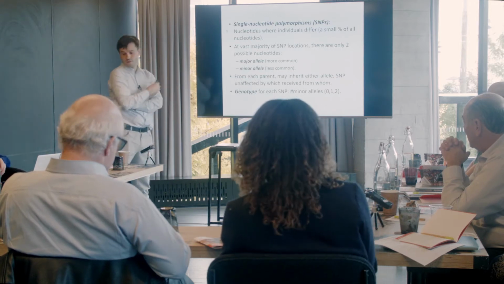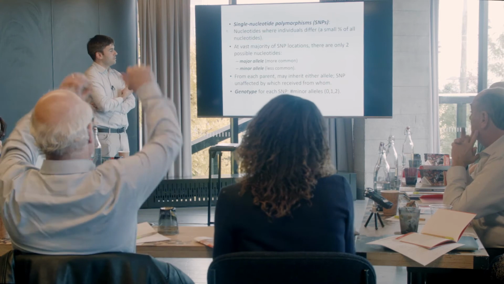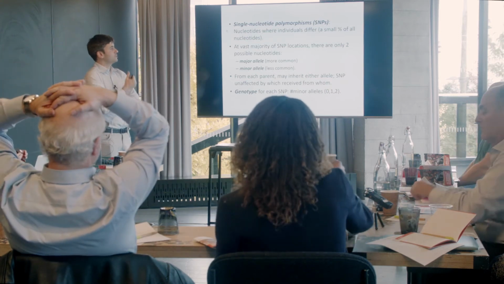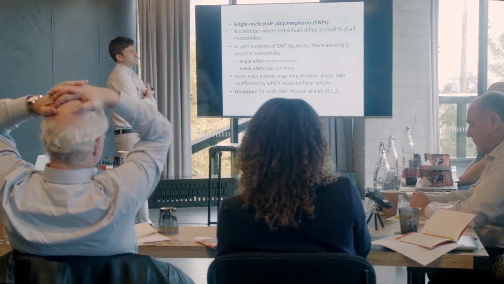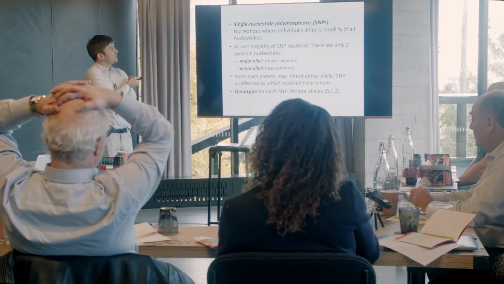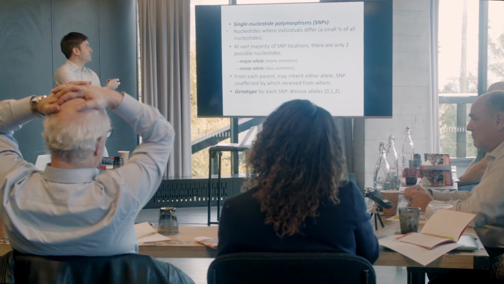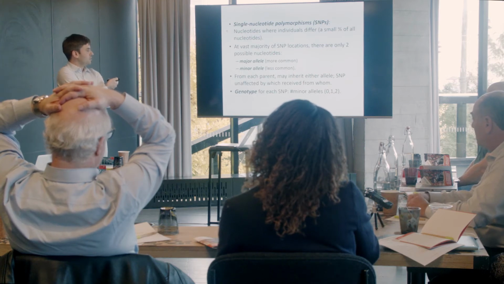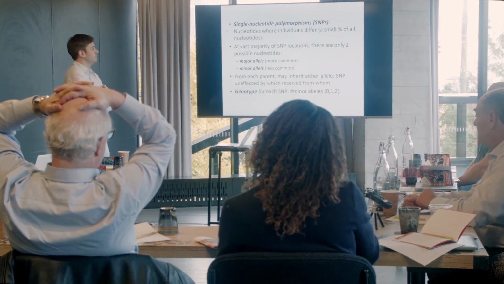So these are single locations in this nucleotide sequence where it's known that people differ. And typically at one of these locations there are only 2 possible nucleotides that can occur, and one of them obviously is more common than the other, and we can call that one the major allele.